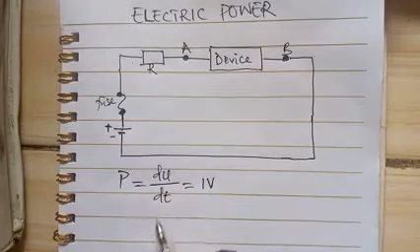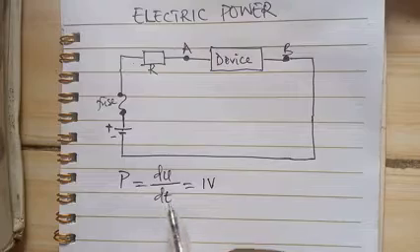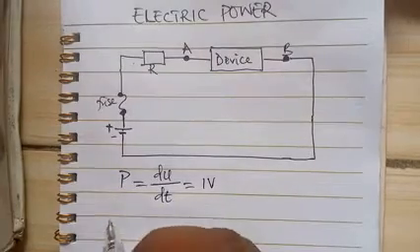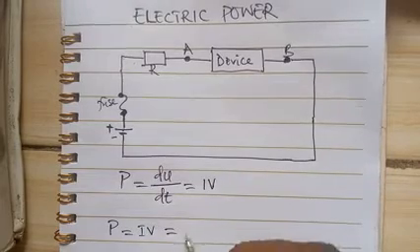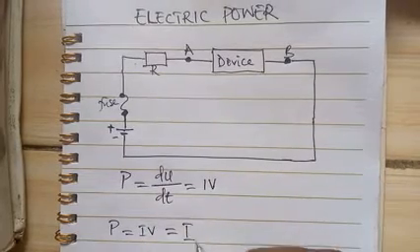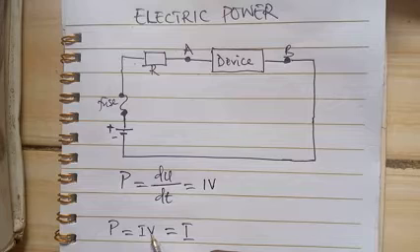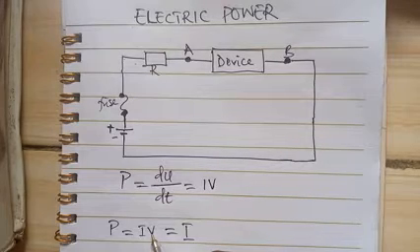Okay, and we can use Ohm's law and rewrite this equation and say that P equal to IV is equal to, we can write I times, instead of V, remember, according to Ohm's law, V is equal to IR.